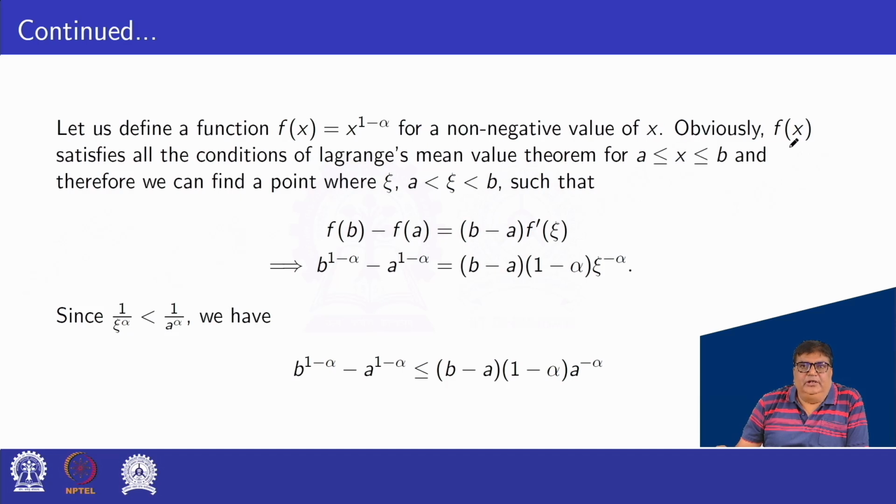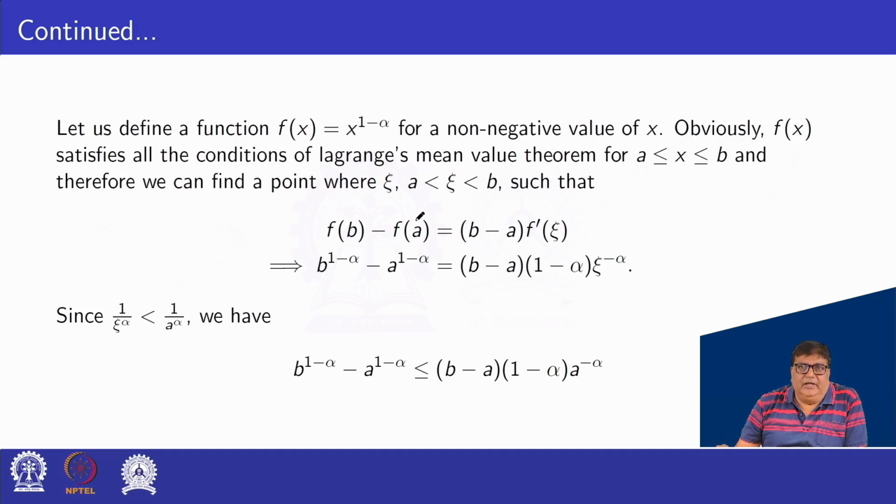So here f(x) satisfies all the conditions of Lagrange's mean value theorem for x in the closed interval a to b. Therefore, we can find a point xi between a and b.